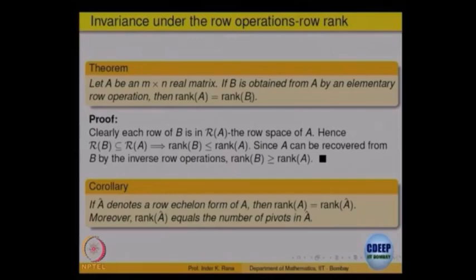you are given a matrix A and you have brought it to row echelon form. So, what is the rank of the row echelon form? The rank of the echelon form, that is the non-zero rows we defined earlier, and what will be the row rank of the row echelon form?